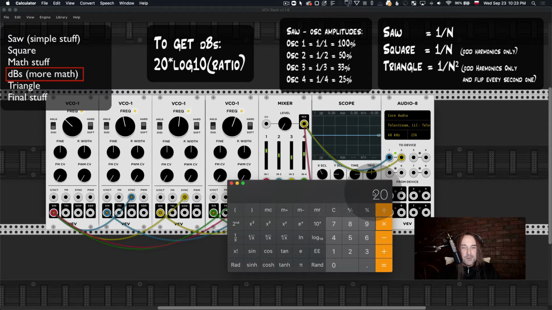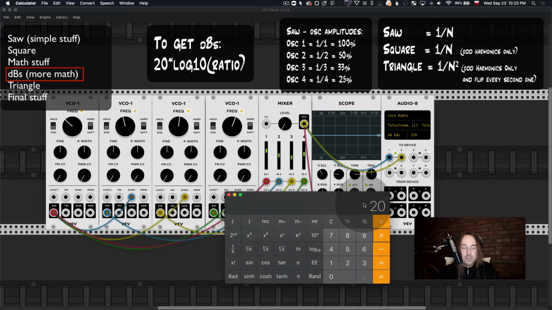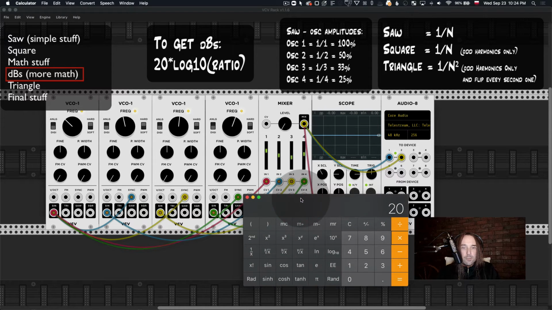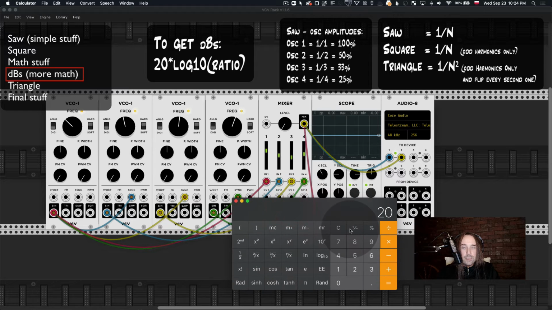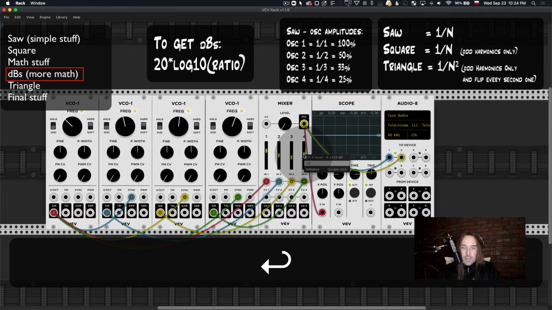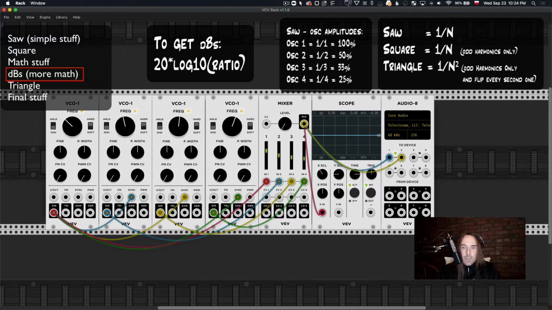For this, you're going to do 20, and maybe later in some other video I can talk about more specific differences between these different ways we deal with decibels, and it's very annoying because technically there are two standards, but for audio, decibels within your DAW or modular synthesizers, we are using this formula. So minus 12, right? And that's pretty much it.